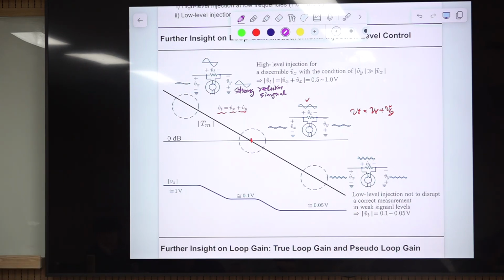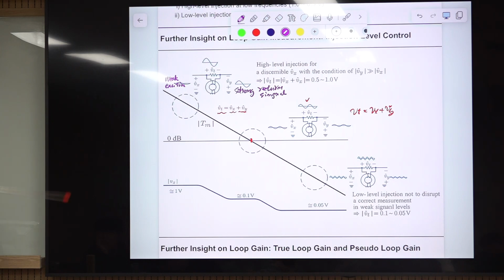Then this can be ignored or buried in the noise. That is the problem. This is a very weak excitation.